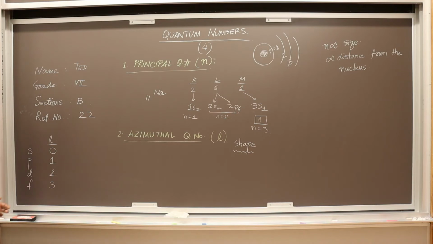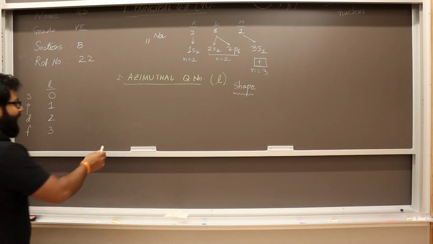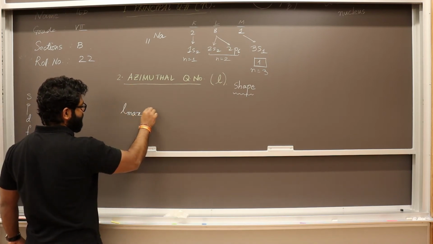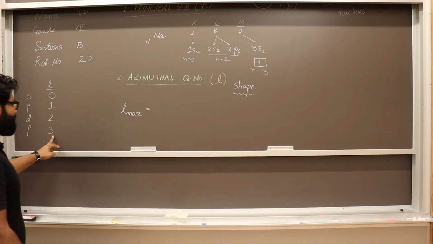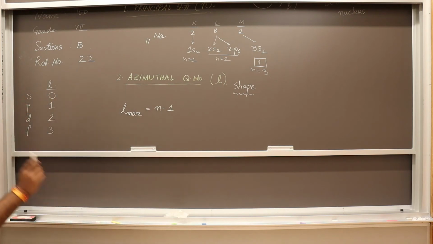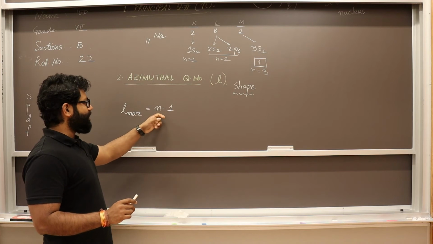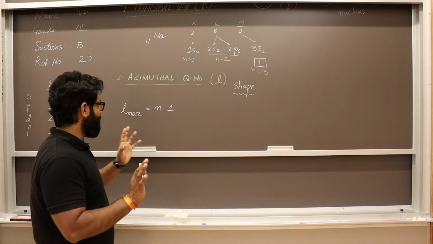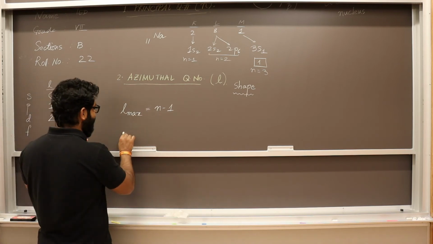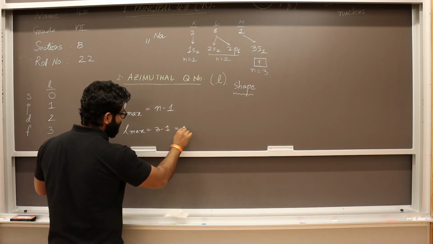Okay. Now, there is this idea that the L max, the maximum L that can be reached, is basically n minus 1. What does that mean? That means, say you have the principal quantum number of 3. That means for the principal quantum number of 3, L max can be 2.